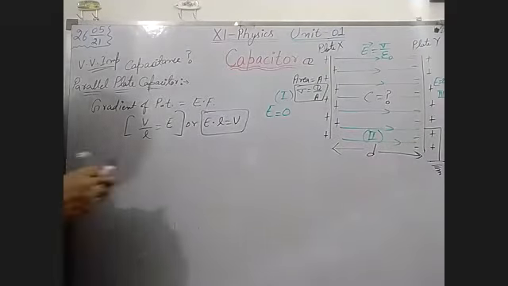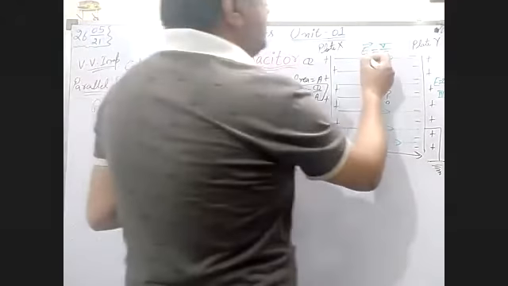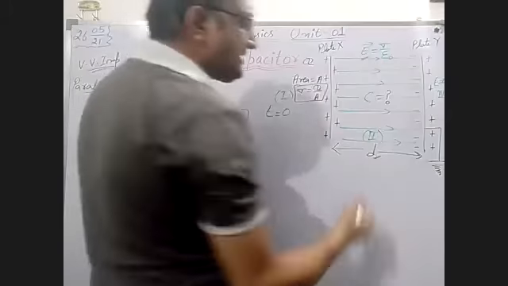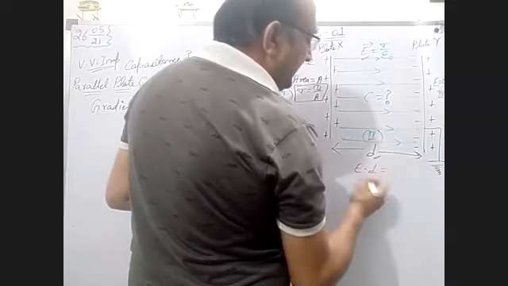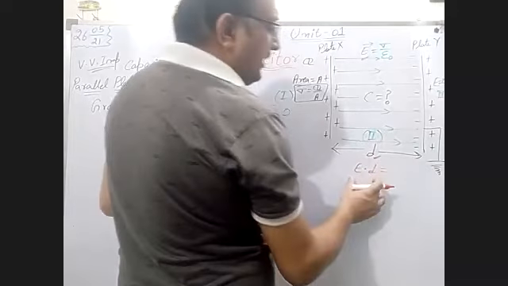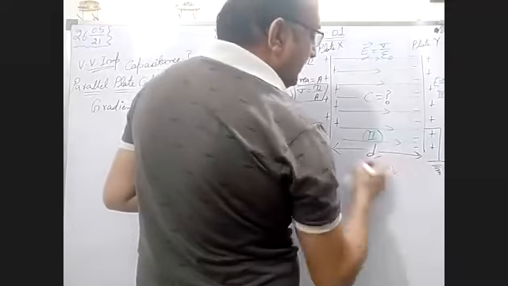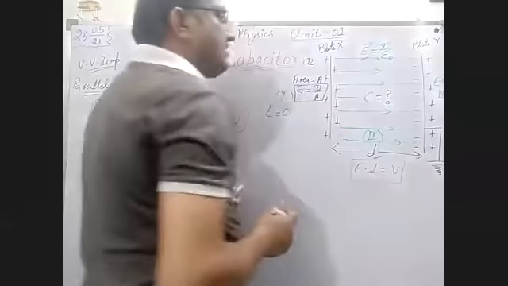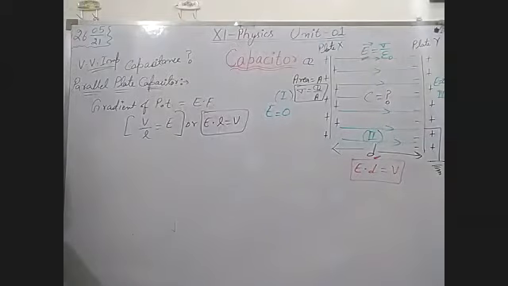Now here you can see this. Here is the electric field and the distance between the plates. If we multiply these two quantities, electric field and distance between them, this will be equal to potential.